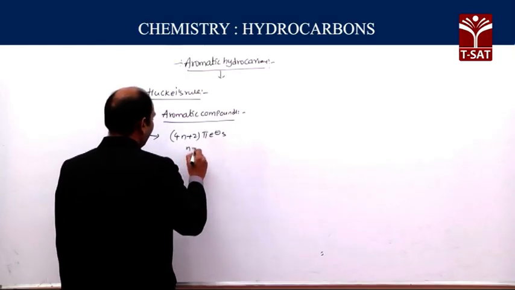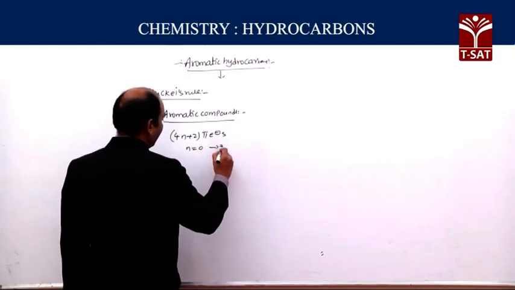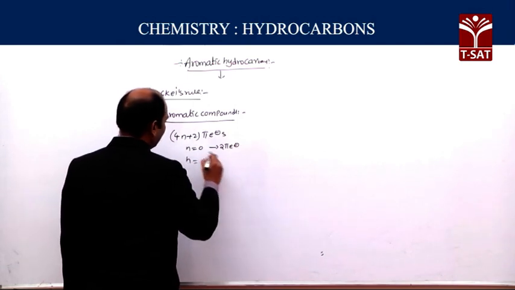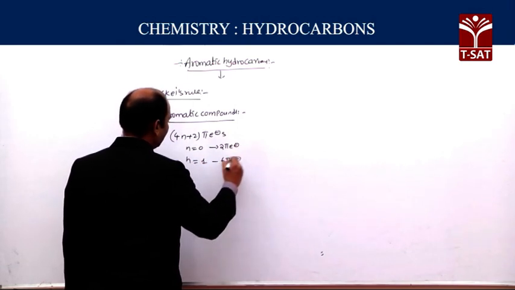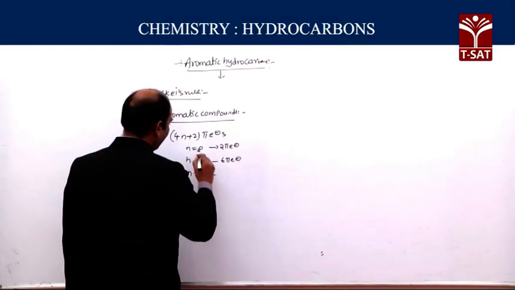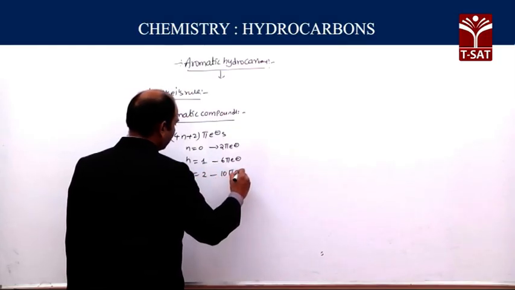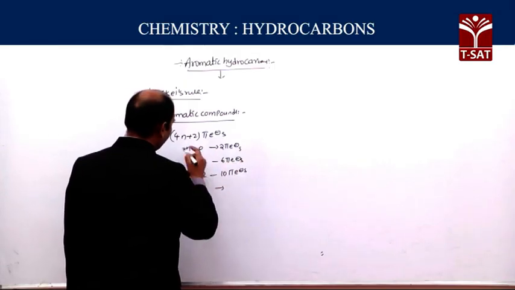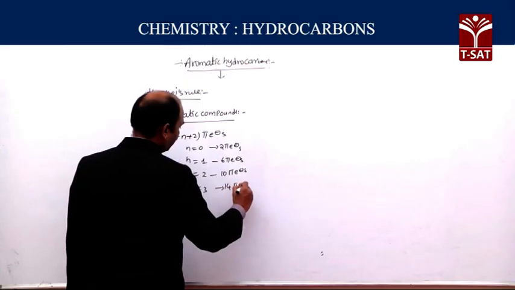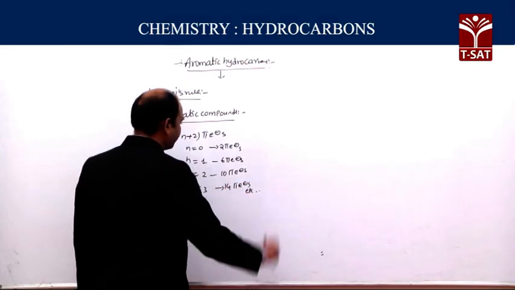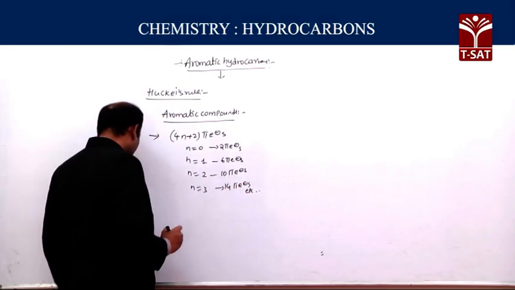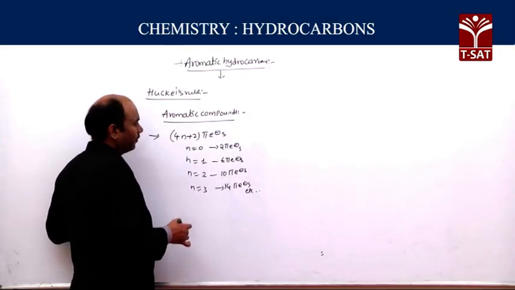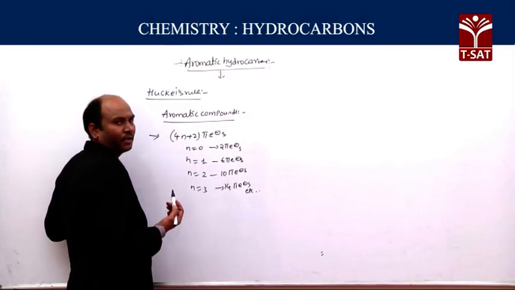Here n equal to 0 means 2 pi electrons. If n equal to 1, then 6 pi electrons. N equal to 2, 10 pi electrons. If n equal to 3, 14 pi electrons, and so on.